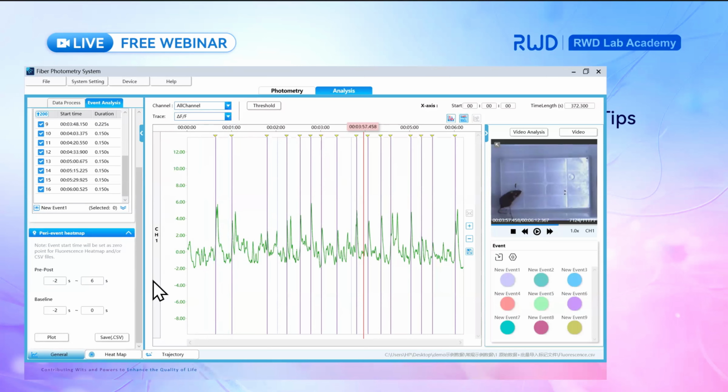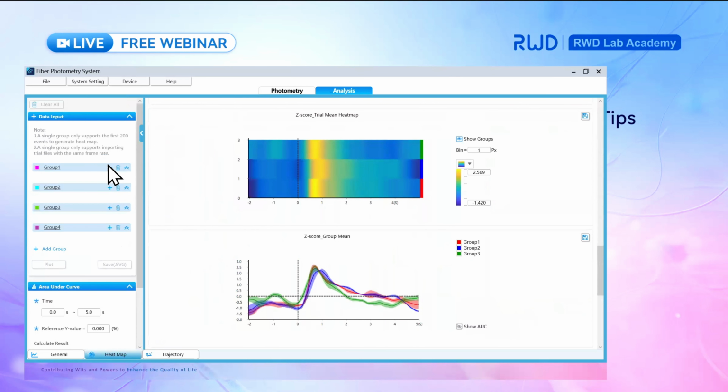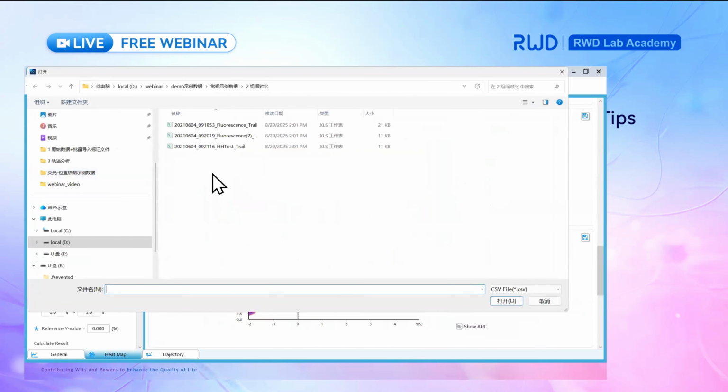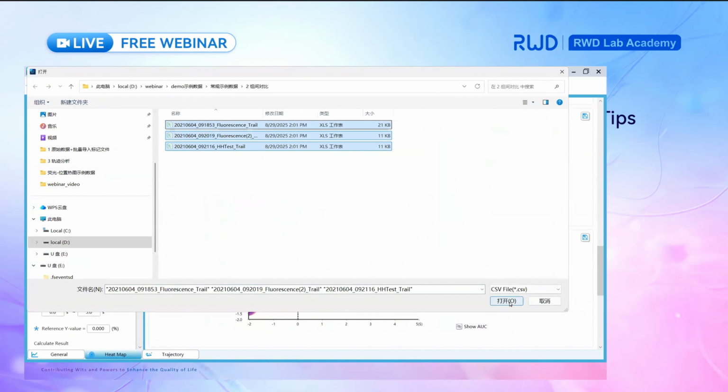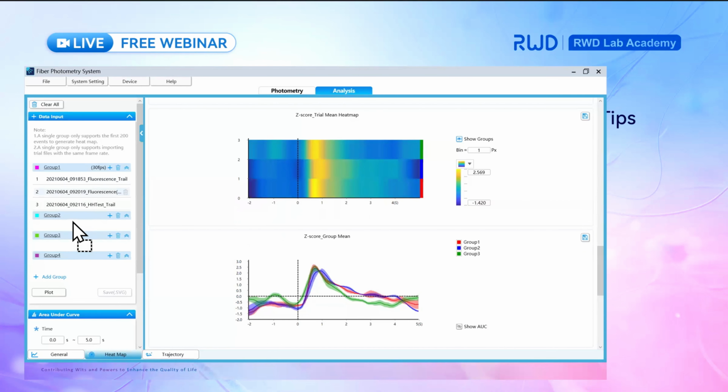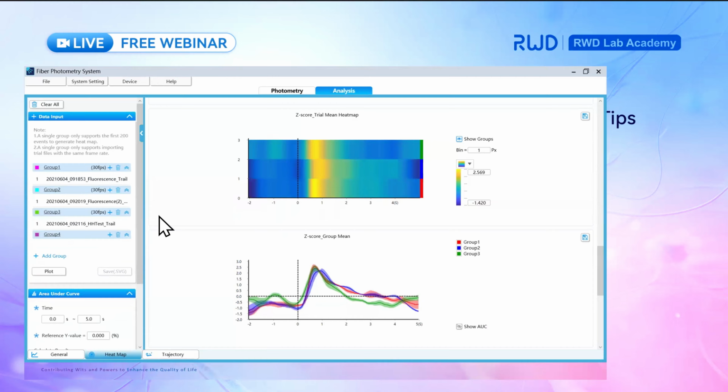If we want to compare different groups later, we can click heat map. So now I will input 3 data. And here we are showing 3 example groups, but in practice, each group can include data from multiple animals. And we click.